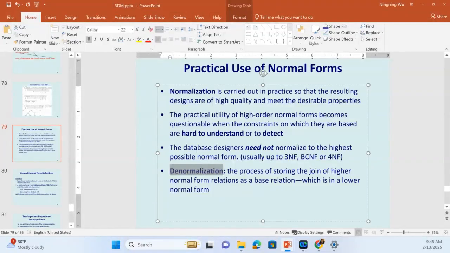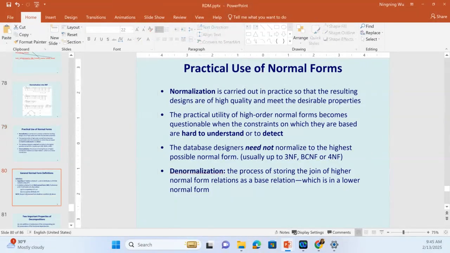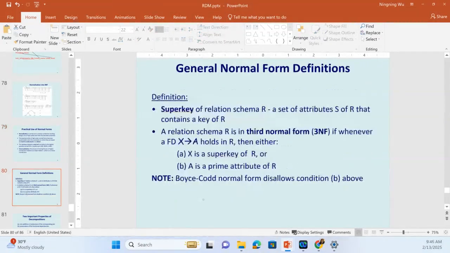This automatic synchronization is actually implemented by the database system, so we do not need to worry about it. We're going to leave denormalization until we study the physical database design. Okay. Then this last slide is where I also want to discuss.